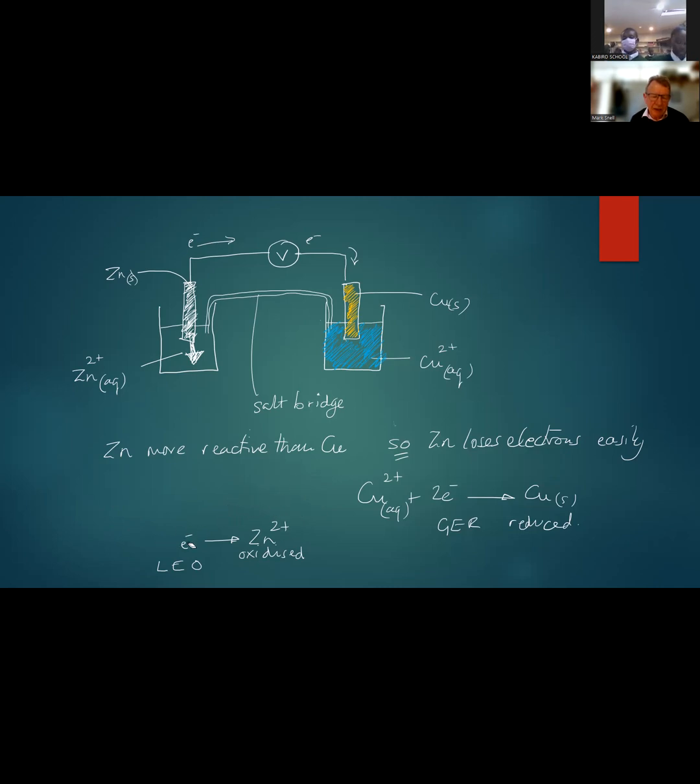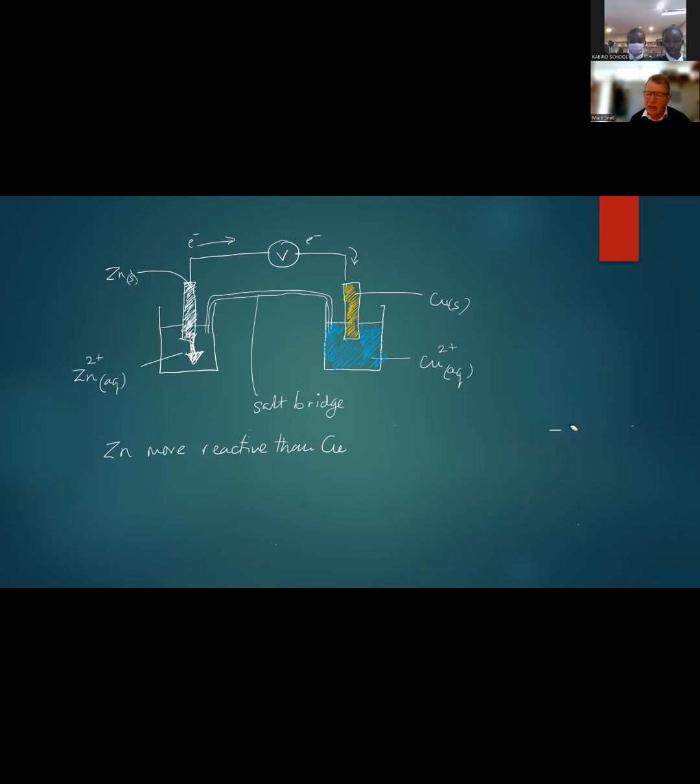So get this idea. You know from the metal reactivity that the zinc is more reactive than copper. If it is more reactive than copper, then it is higher up in the reactivity series. It loses electrons more easily, and that makes the copper do the opposite. So I'm going to get rid of all of this. I'm going to show you what I'm going to write just now.